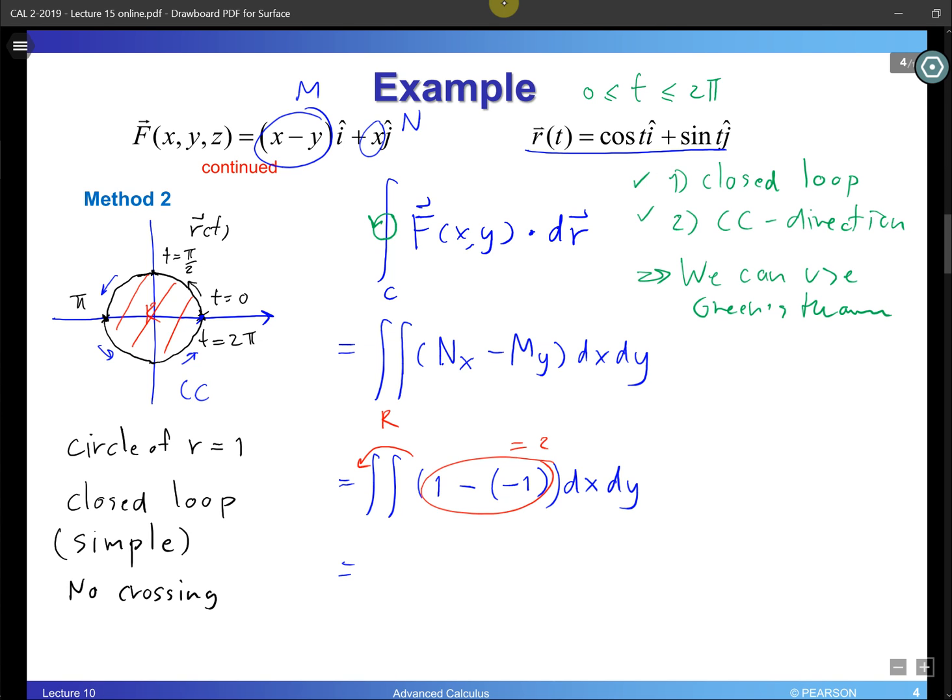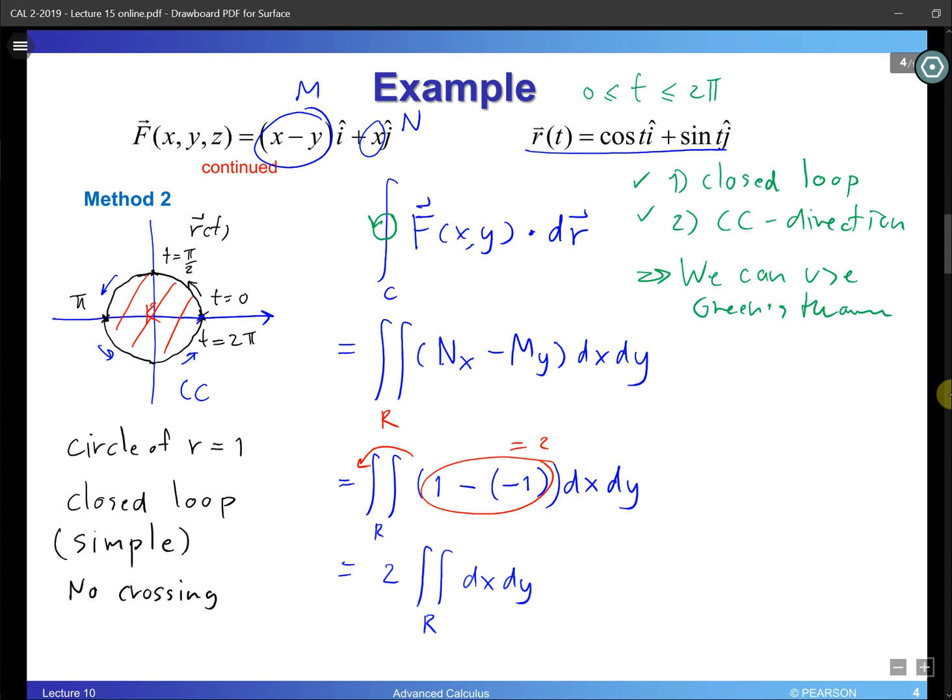So this is going to be 2 times the double integral over the region R of just 1 inside, dx dy.